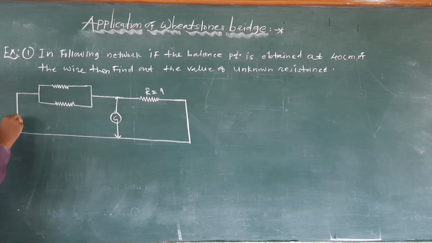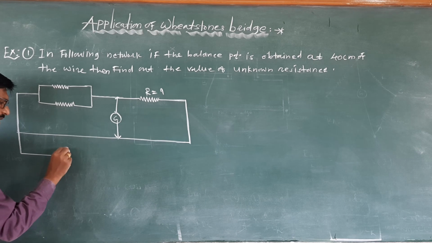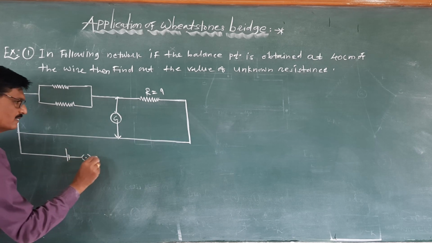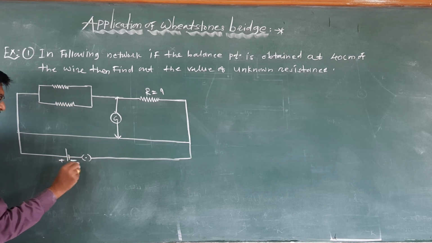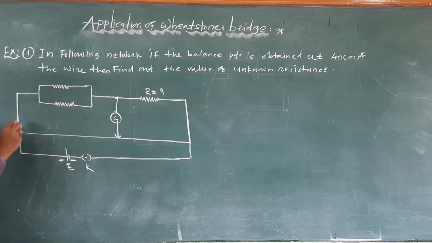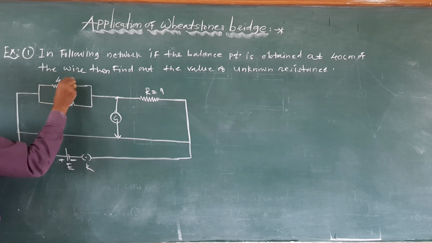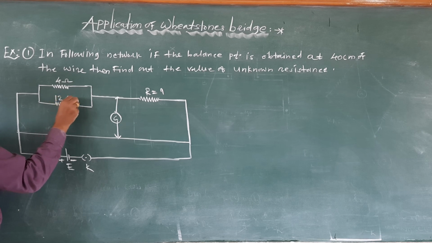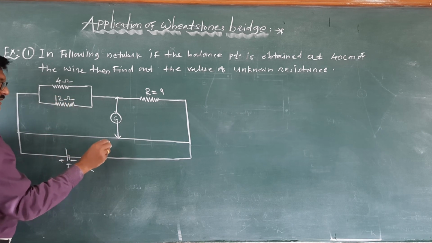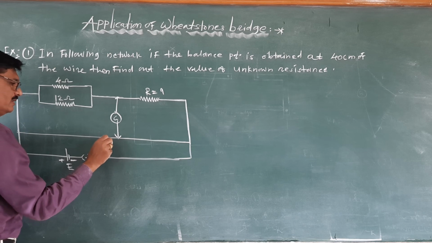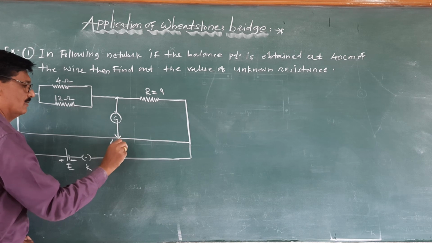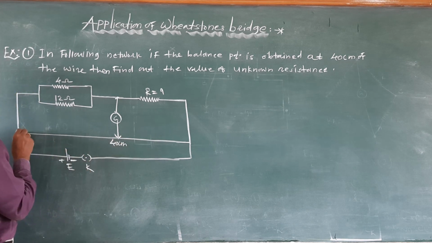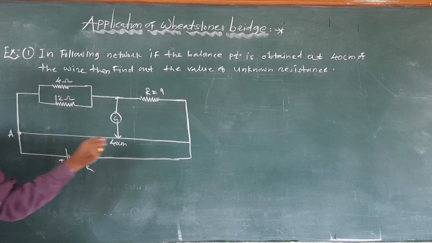The total is connected to a battery and key. This is my first resistance, 4 ohm, and this is 12 ohm, and the balance point is obtained at 40 centimeter. This is point A and this is point B.